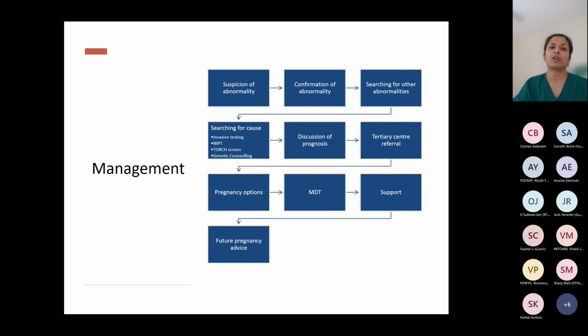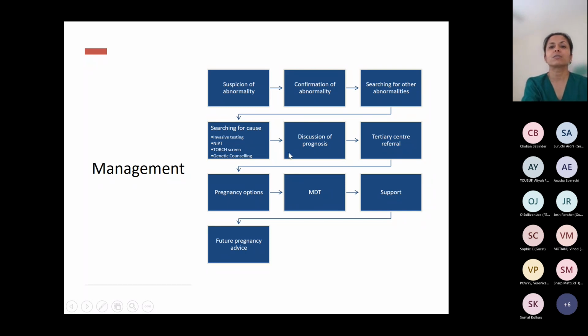If any suspicion of any abnormality, they refer to fetal medicine, where confirmation of the abnormality is done, and at the same time searching for other abnormalities, because that can have a relevance on the outcome of the pregnancy. And then trying to search for cause, which can include invasive testing, non-invasive prenatal testing, TORCH screening, genetic counselling.